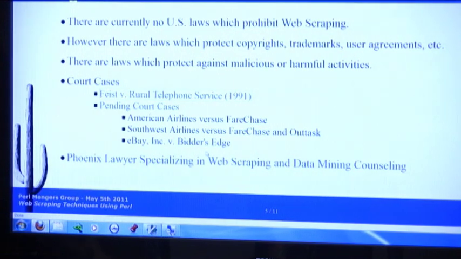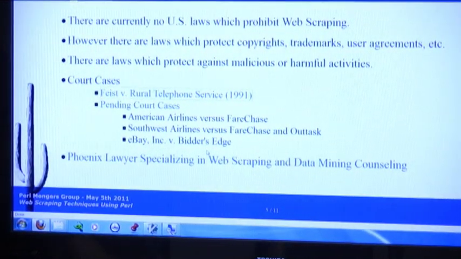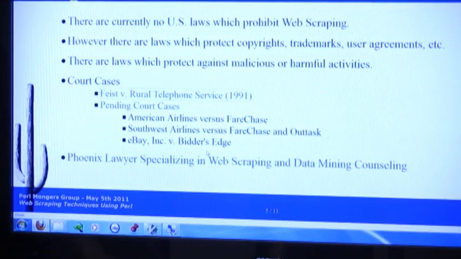This eBay versus Bidder's Edge was a little more cut and dry, I thought, because Bidder's Edge was not only competing against eBay or giving people angles on eBay, but it was basically bidding on things in an automated fashion in order to get information from eBay to carry out its strategy.